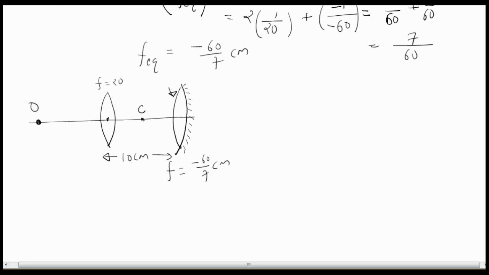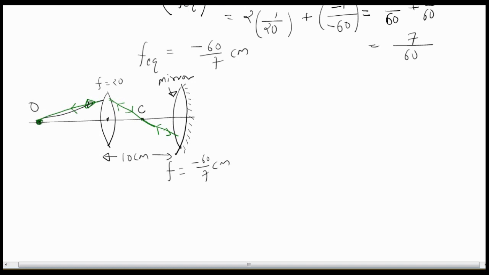This will be a mirror. Suppose a light ray from this object is refracted by the lens and goes to the center of curvature of the mirror. Then this light ray will be reflected back because it is coming from the center of curvature, and it will again meet at the object point.